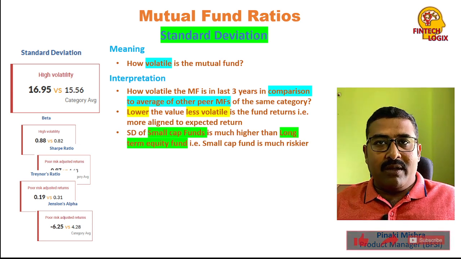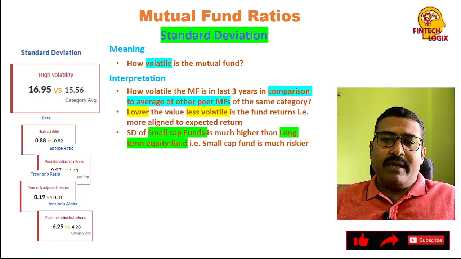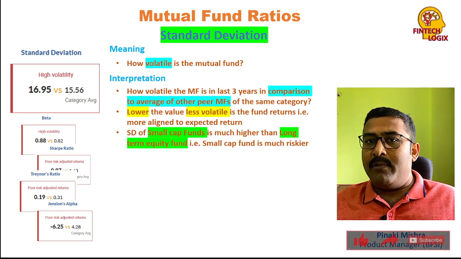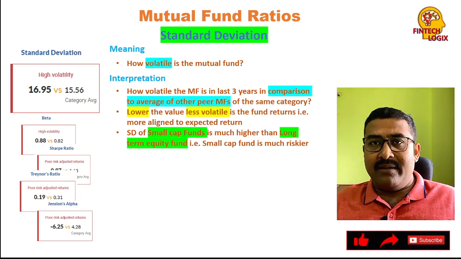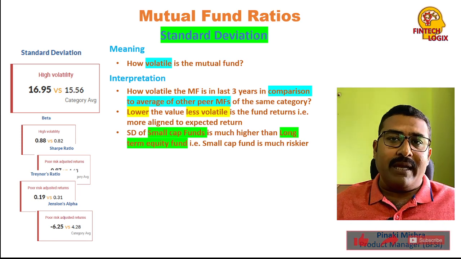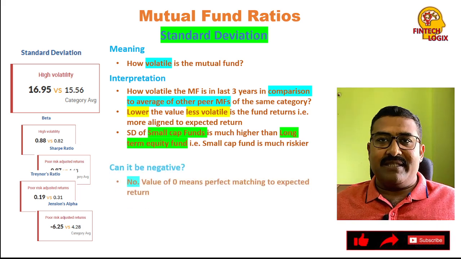So the lower the value, the less volatile it is. As an example, the standard deviation of small cap mutual funds would always be higher than that of long-term equity mutual funds, because small cap mutual funds are much more volatile and they change a lot. So this is what the standard deviation means.